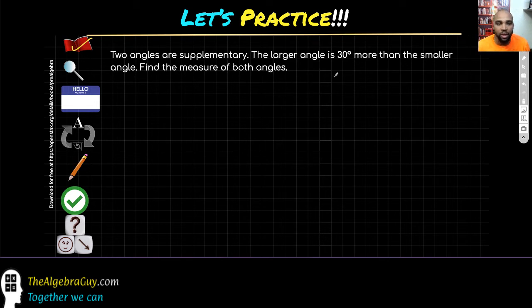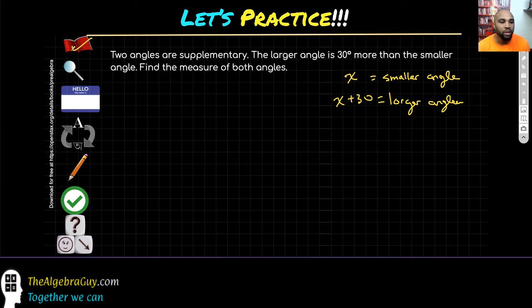So I have some angle, let's say the smaller angle, we'll just call it X. And we have another angle. The larger angle is 30 degrees more than the smaller, so we're going to call that one X plus 30.